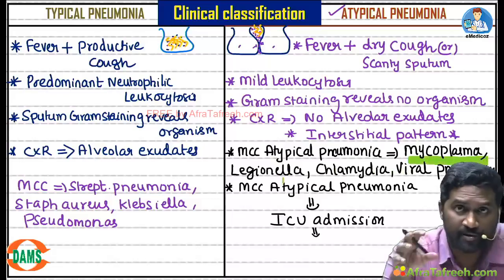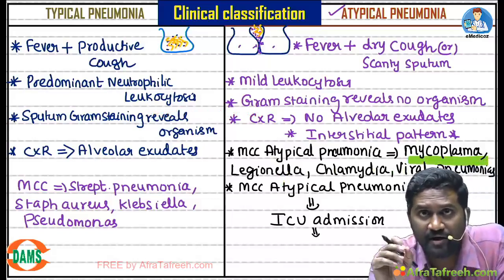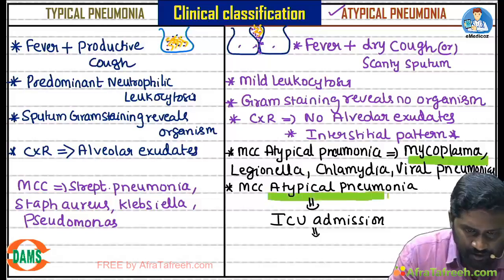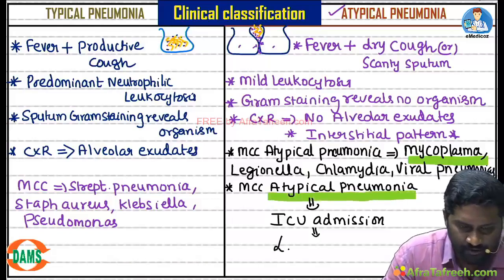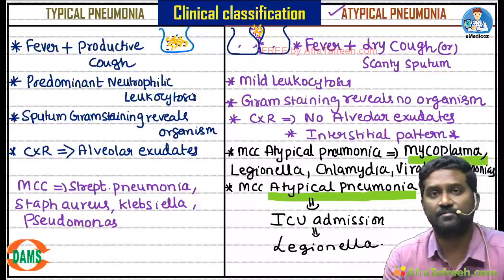Generally Mycoplasma pneumonias are mild pneumonias, they do not require ICU admission. But if there is an atypical pneumonia responsible for ICU admission, the most common organism in that will be Legionella.